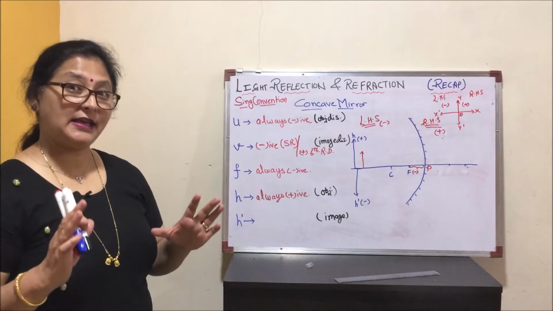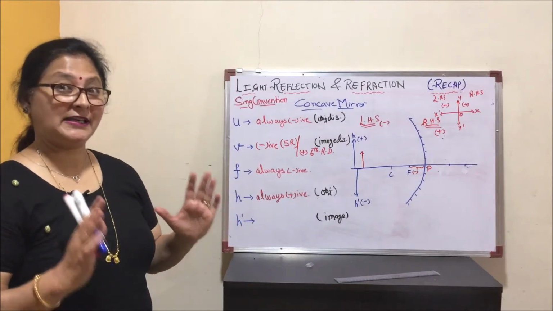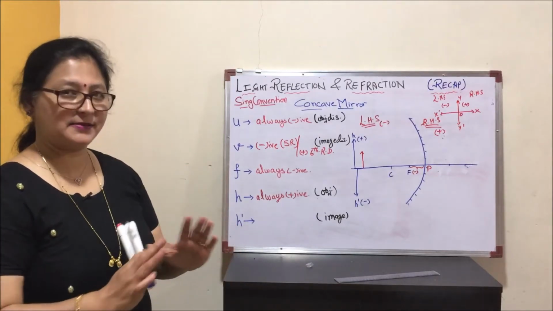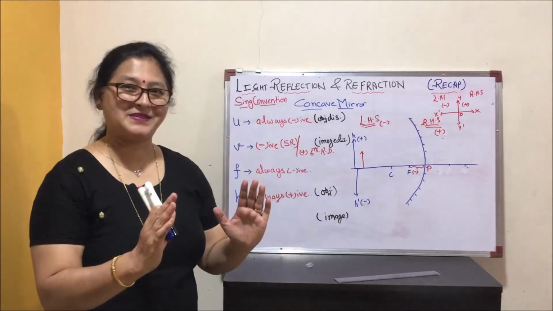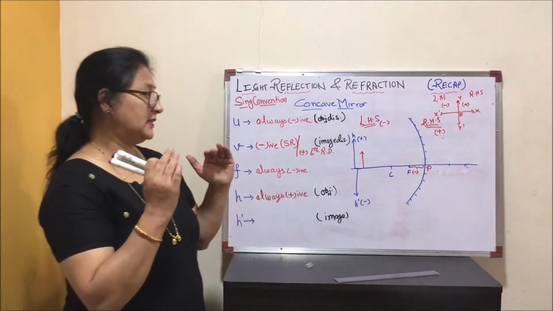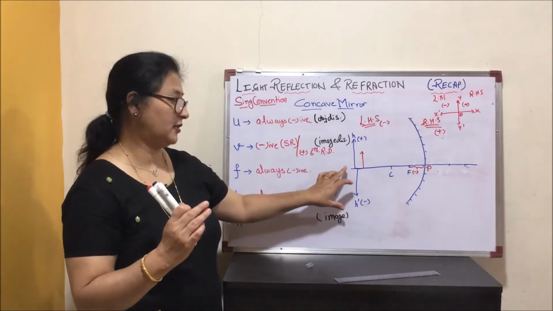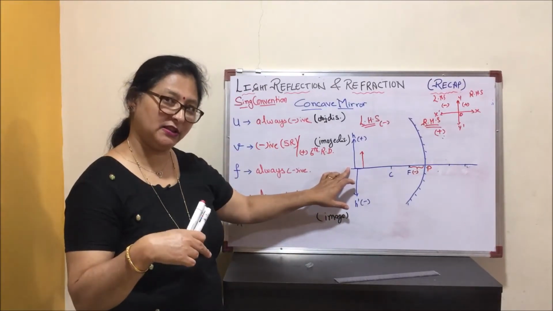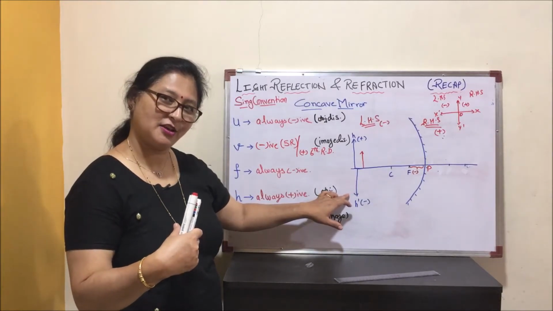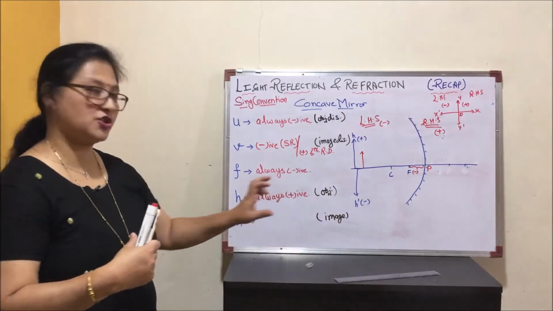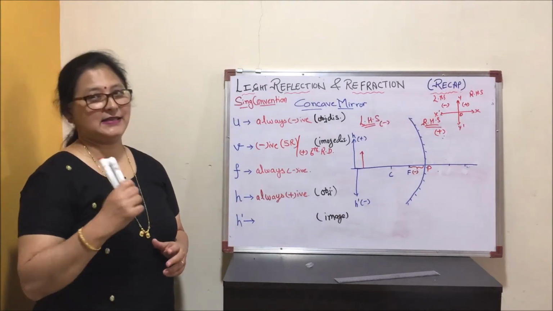In the case of the concave mirror, it is very simple. In the first 5 diagrams, the image formed was real and inverted, below the principal axis. So in that case, you will consider the height as negative.